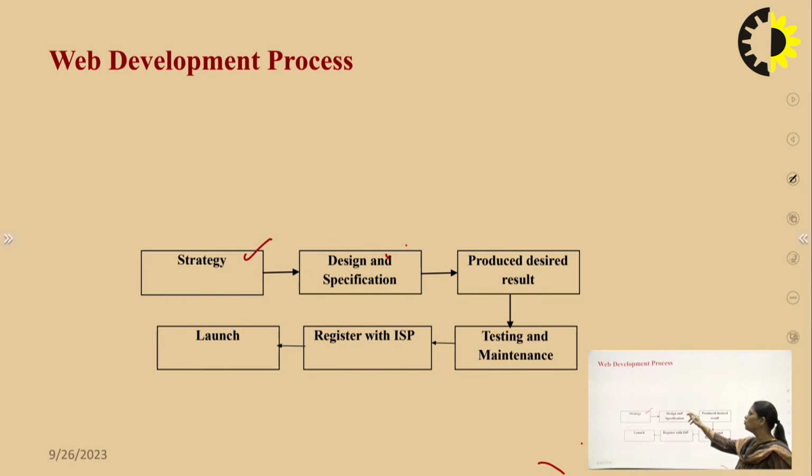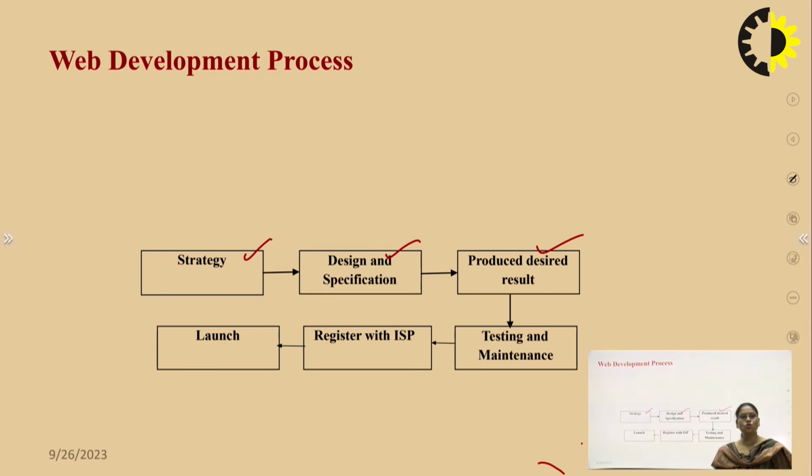Then we go for the design and specification phase and create the web application, which will produce the desired results. But before deploying the web project, we have to go for testing.